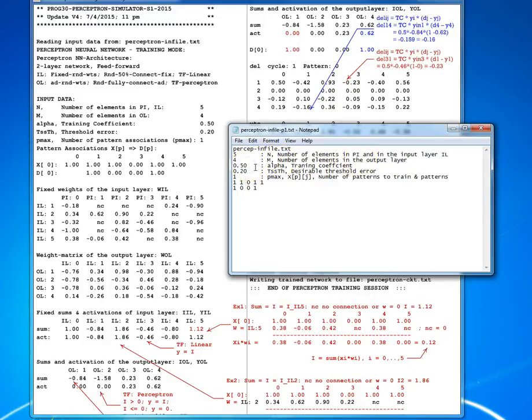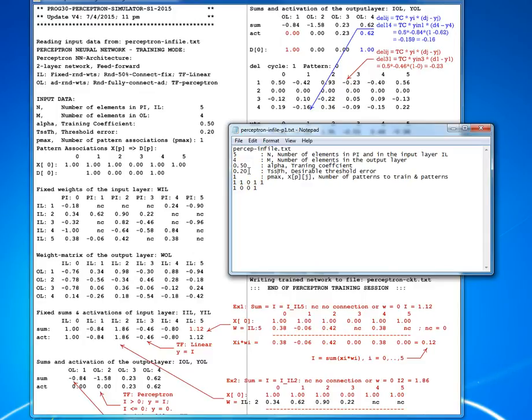Then you need to specify the alpha, which is called the training coefficient. Then you specify what is called the TSS threshold, the desirable threshold error. That means when the network is trained, if the desired value is a 1, it will train to better than 0.8.